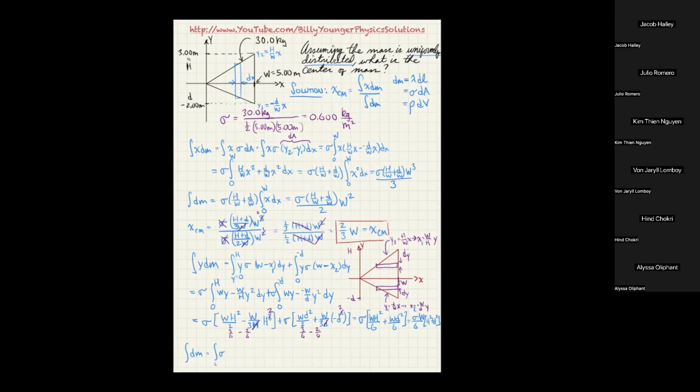I'm going to integrate from 0 to h, and now I've got w minus w over h y dy, plus integral from 0 to negative d of sigma again. And this time I'm going to have w plus w over d y.